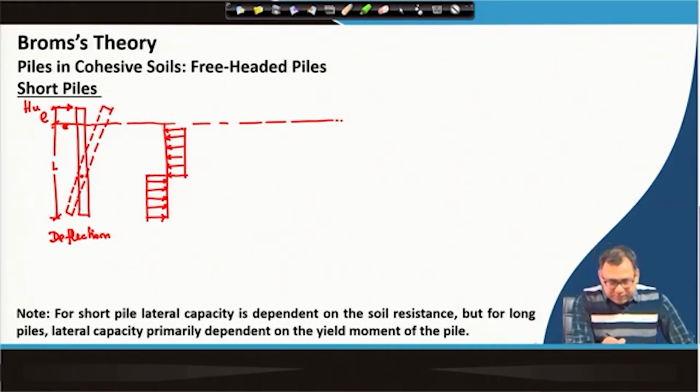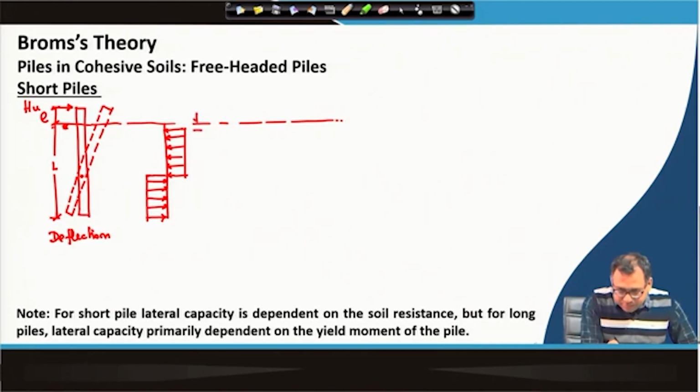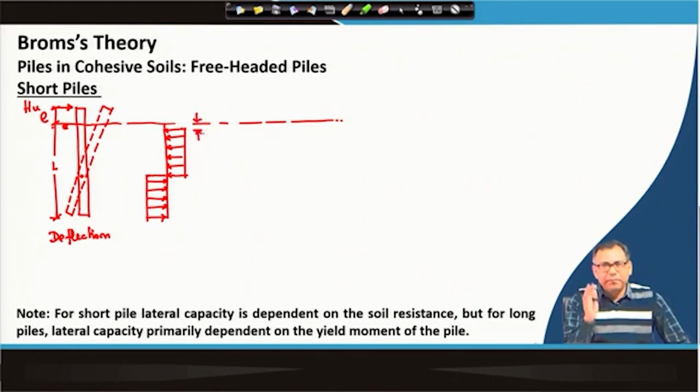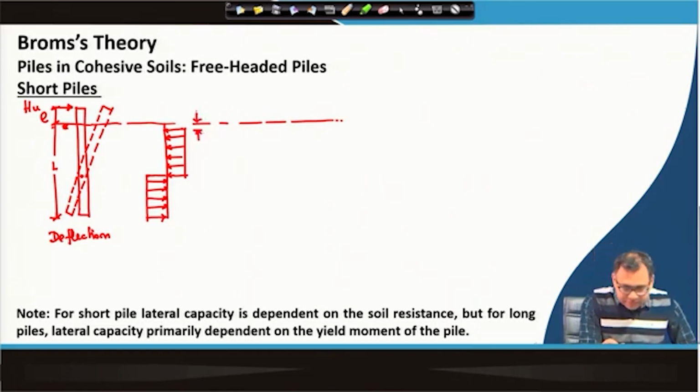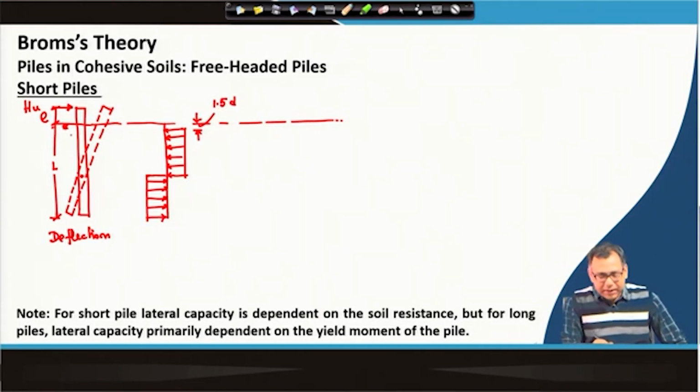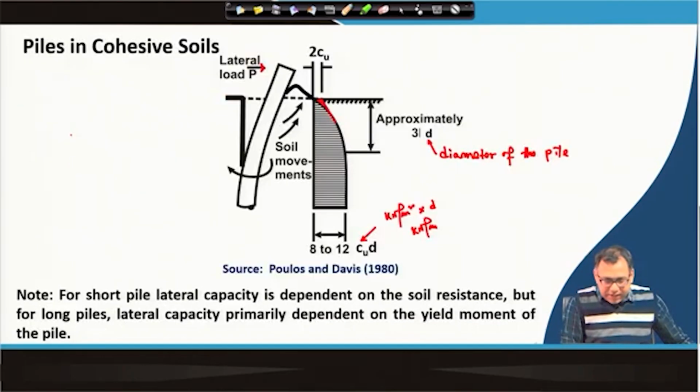Okay. And Broms has suggested that there will be zero soil resistance up to a distance of 1.5d from the ground surface, where d is the diameter of the pile. Because if you see the actual distribution, that value is very small.